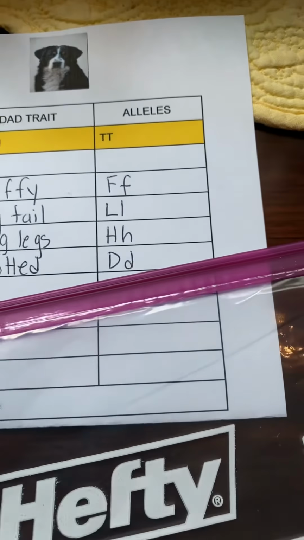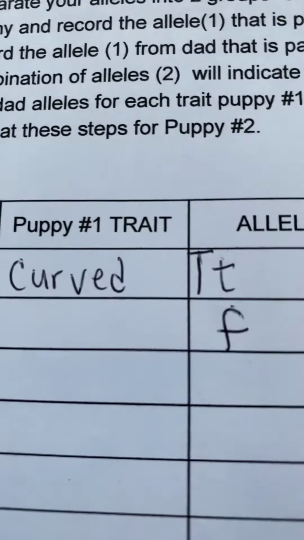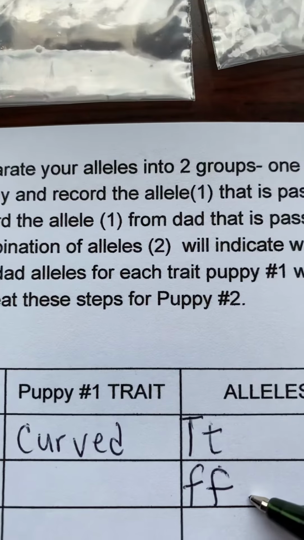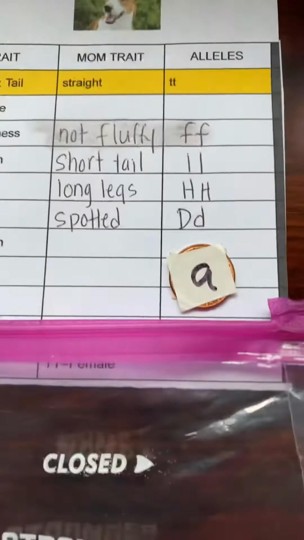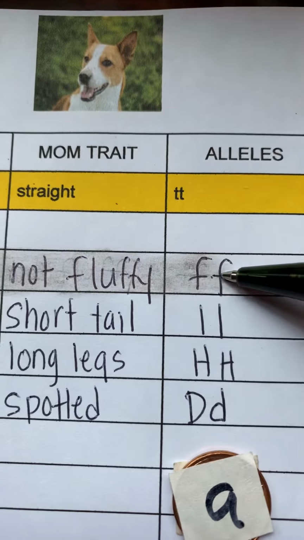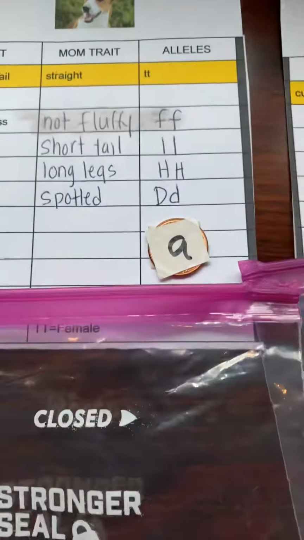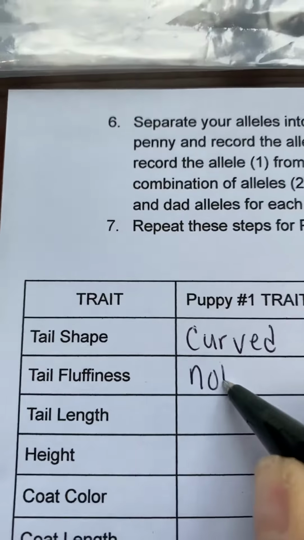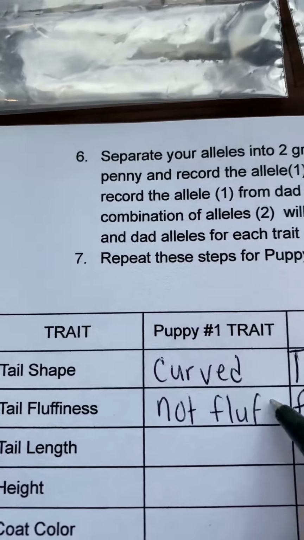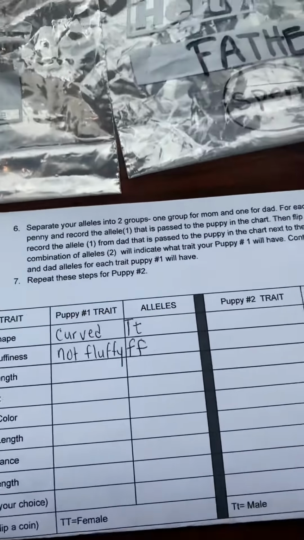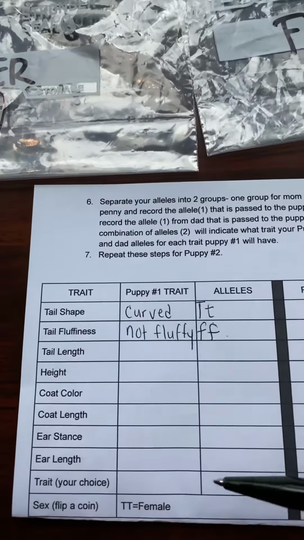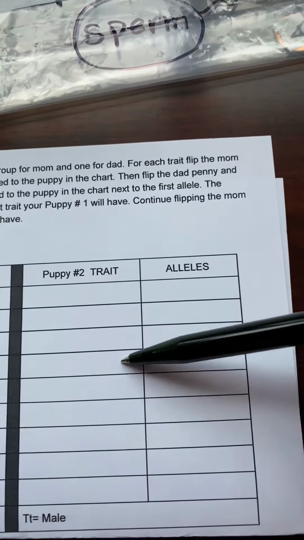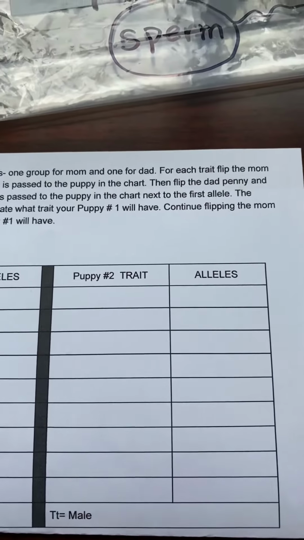And I'm going to flip it now. And I just did, and dad gave me a lowercase f. So in this case, it is non-fluffy because the 2 alleles are lowercase. It's a recessive allele pair. So I'm going to write in my box, the trait is not fluffy. Okay, and I'm going to do that for all the traits on my first offspring, and then I'm going to repeat the same process for my second offspring.